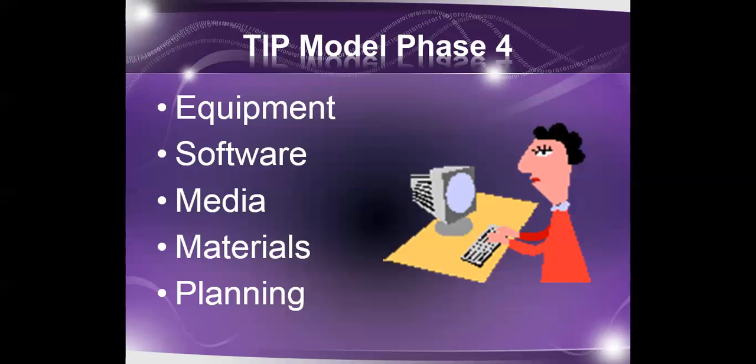You'll definitely want to ask yourself, what do I need to do for this lesson? You want to make sure all the equipment is ready, and all the software, media, materials, and planning are done, because you want to go in with everything ready, such as handouts, bookmarks, links, available websites, or anything the students might need to get the work done.